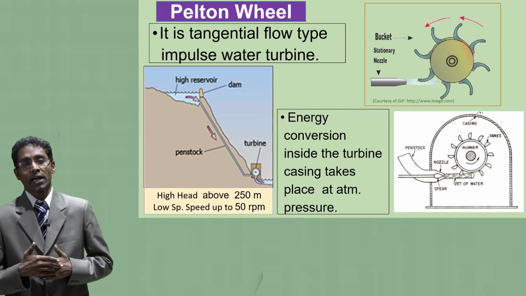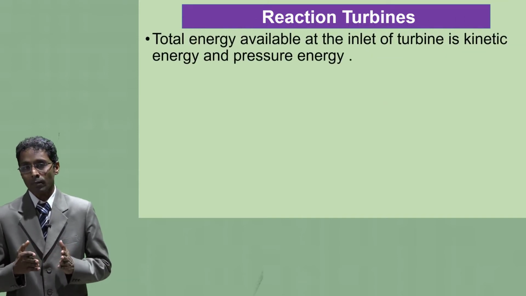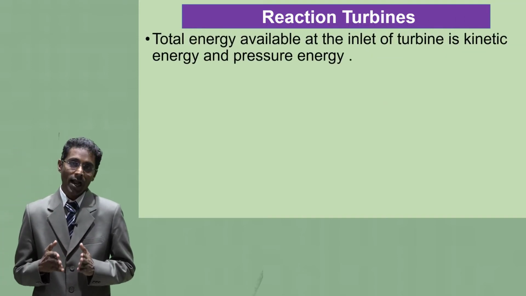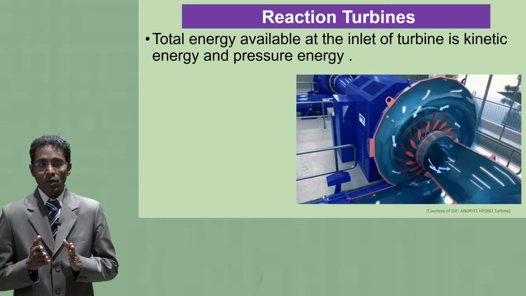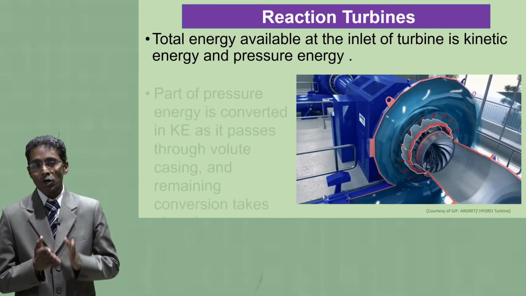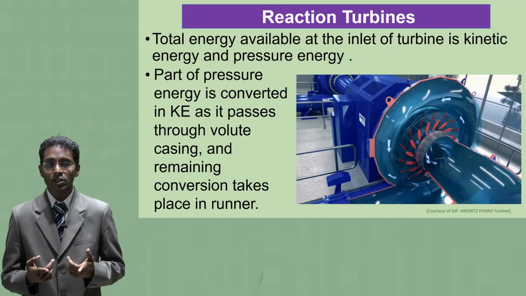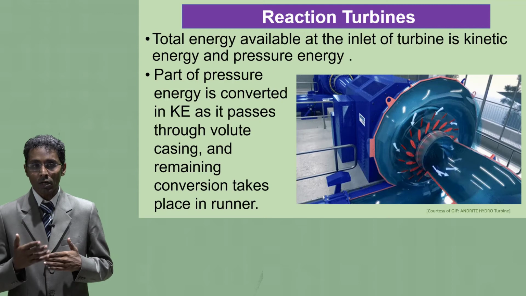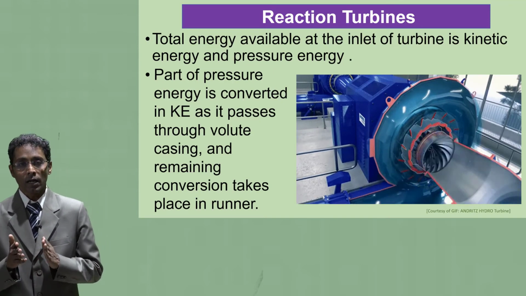Now we will see reaction turbines. The total energy available at the inlet of the turbine is kinetic energy and pressure energy. In a reaction turbine, as water passes through the volute casing, part of the pressure energy is converted into kinetic energy, and when it passes through the runner, the remaining kinetic energy is converted into mechanical energy.